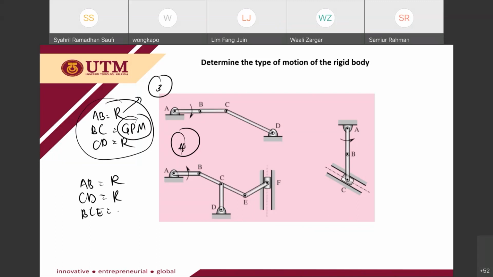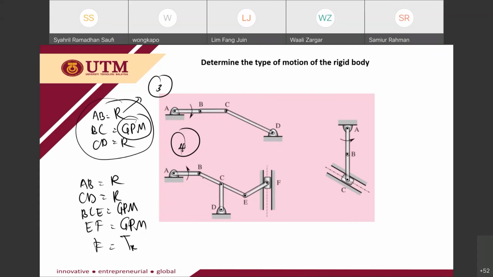GPM. What is the motion of EF? GPM. The motion of F? Rectilinear. Yes, rectilinear translation.